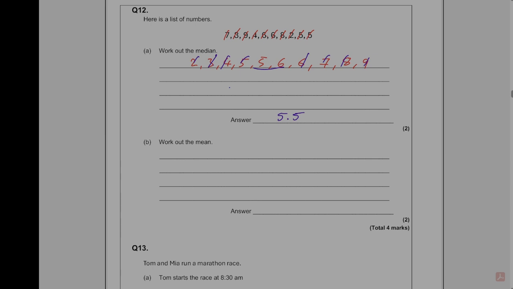So work out the mean of these numbers. So for the mean, I need to add them all up. So I'm going to add them in pairs. If I go back to the original numbers, 7 plus 3 is going to be 10, plus 9 plus 4 would be 13, 6 plus 6 would be 12, 5 plus 2 would be 10, and 5 plus 5 would be 10 as well.